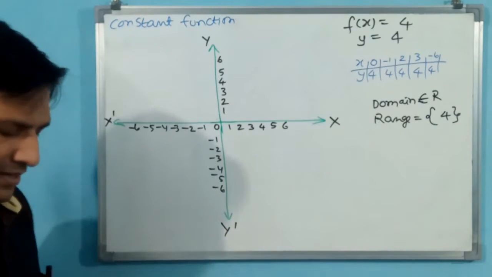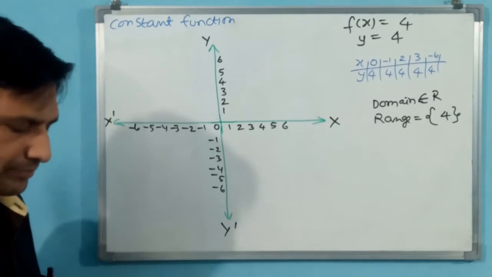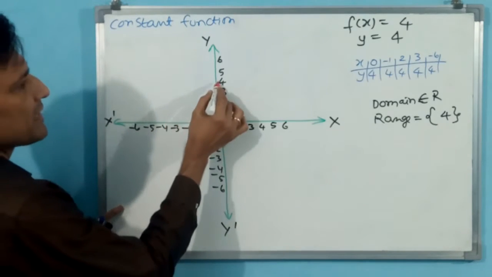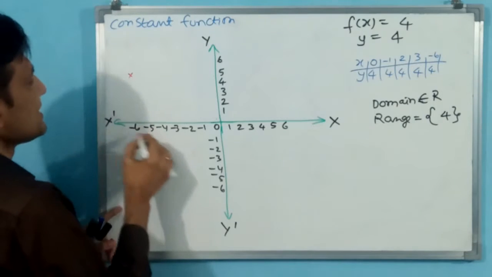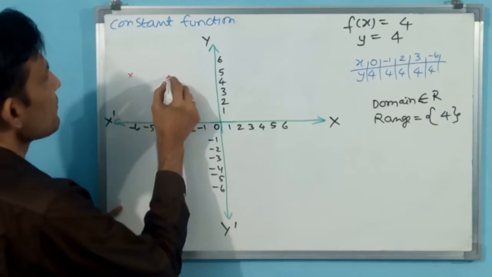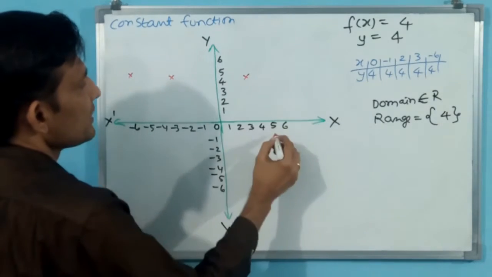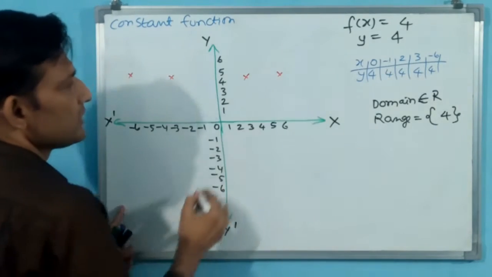Now we draw the graph for this function. I am giving -6, but it is coming 4 only. I am giving -2, 4 only. I am giving 3, 4 only. I am giving 6, 4 only.